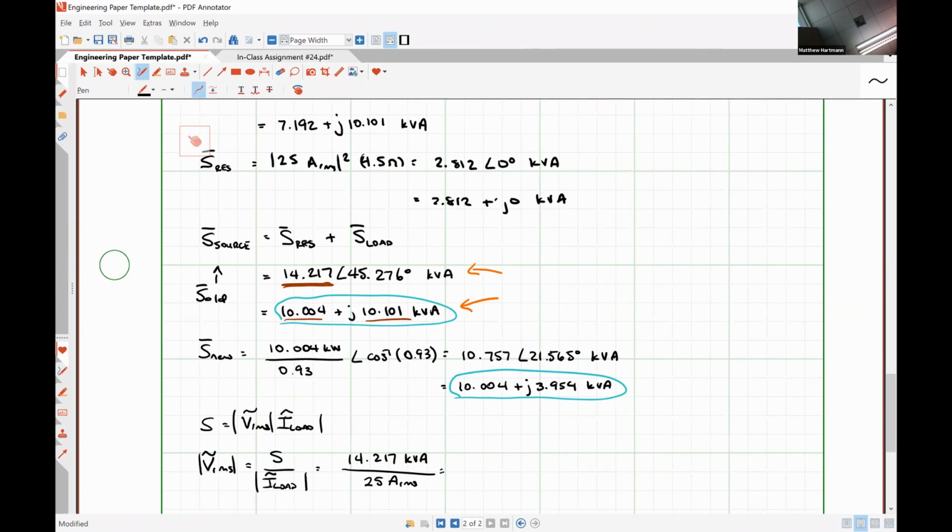So 14.217 times 10 to the 3 divided by 25 gives us a voltage of 568.68 volts RMS. So this is the magnitude of the voltage drop over the capacitor.